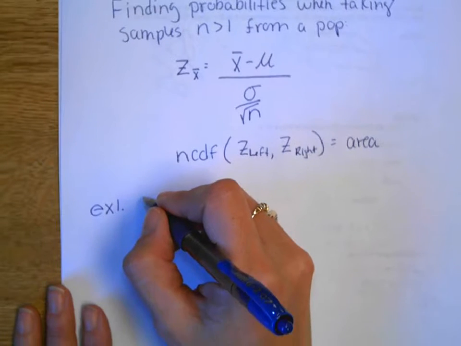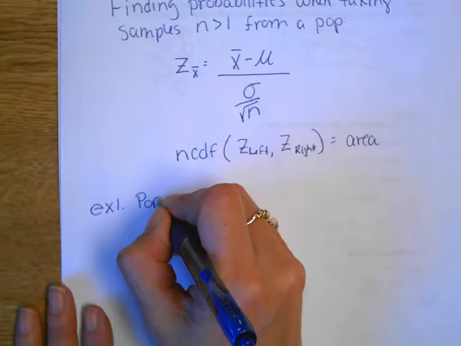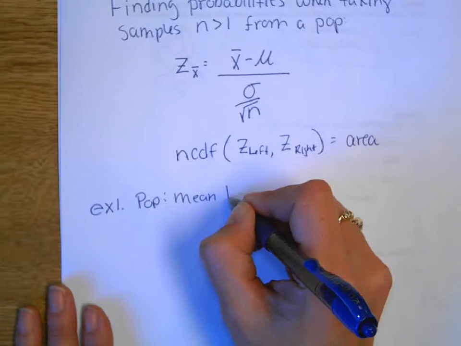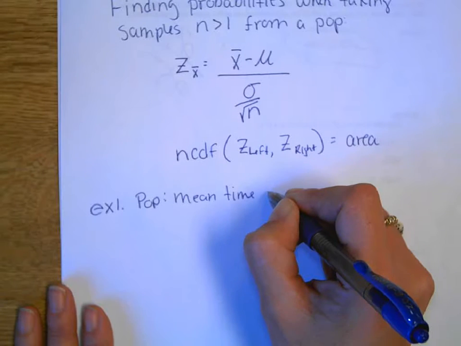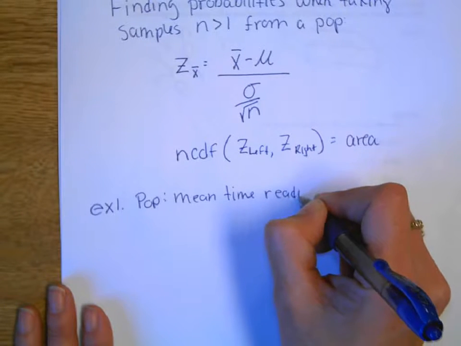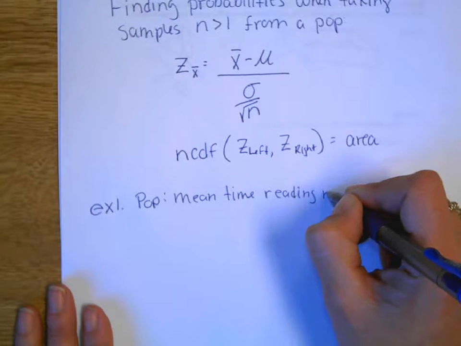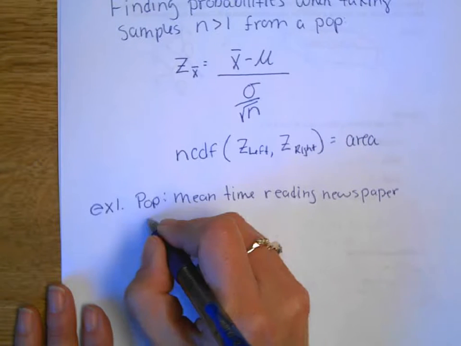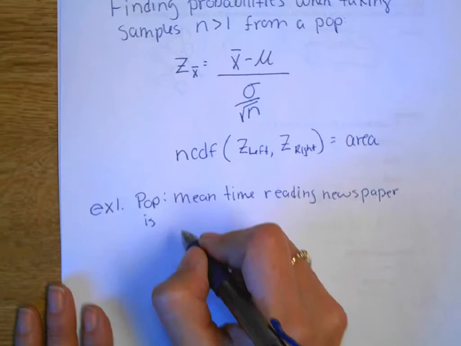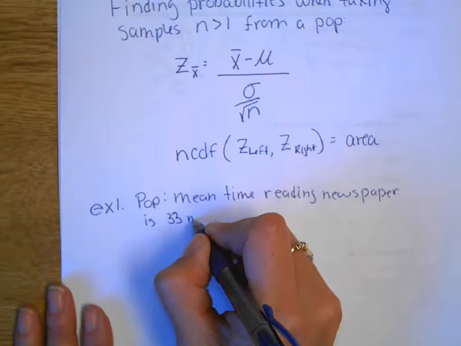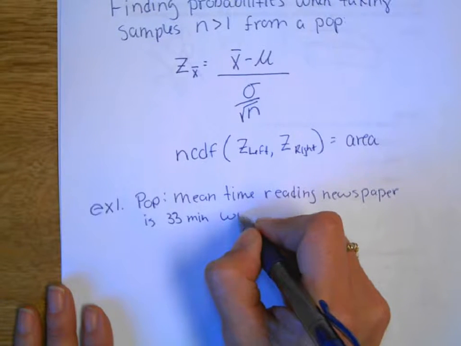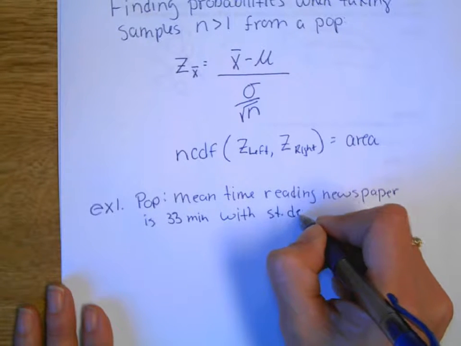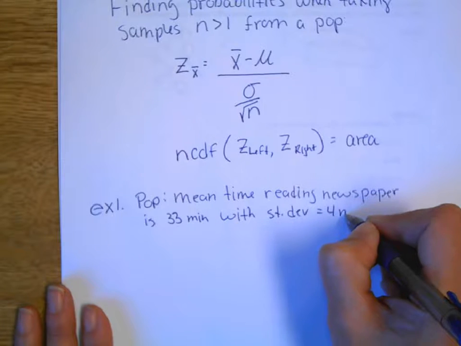Okay, what we know about this population is that the mean time spent reading the newspaper is 33 minutes, with standard deviation equal to 4 minutes.